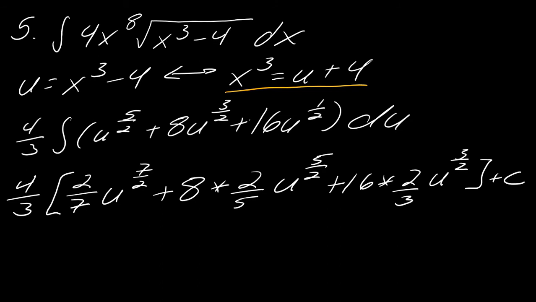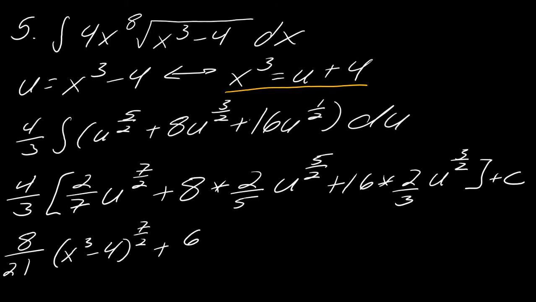So now we can finish this out, and I'm going to go ahead and also multiply by this 4/3 right in the front here. So let's see, I get 8 over 21, and then this becomes x cubed minus 4 to the 7 halves. And then this will be 4 times 8 times 2.